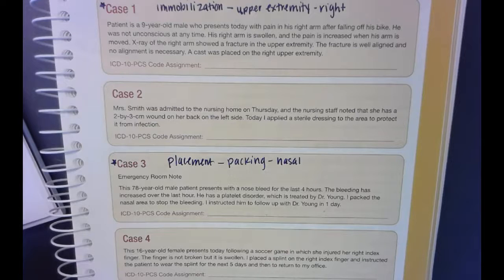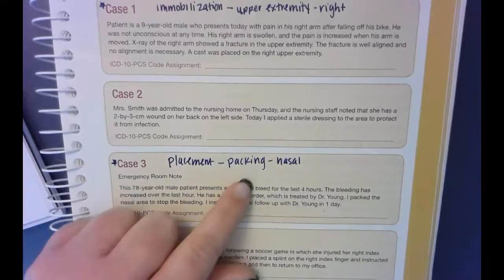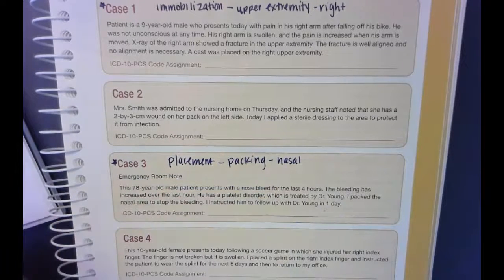With case 3, you would actually look up placement of, and then the material, and then where it goes. So it's a little bit different sometimes on a case-by-case basis, but that's the general gist for looking up these PCS codes: root operation, and then what did you do, and then where did you do it to. That's what you want to find out.